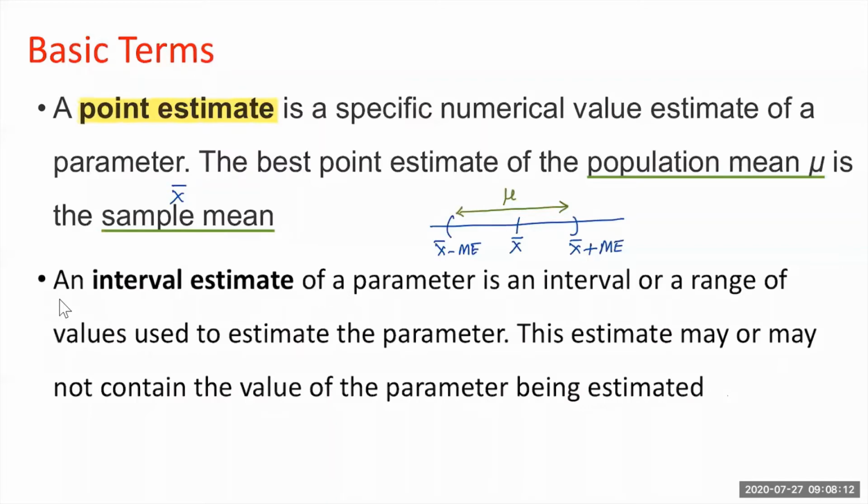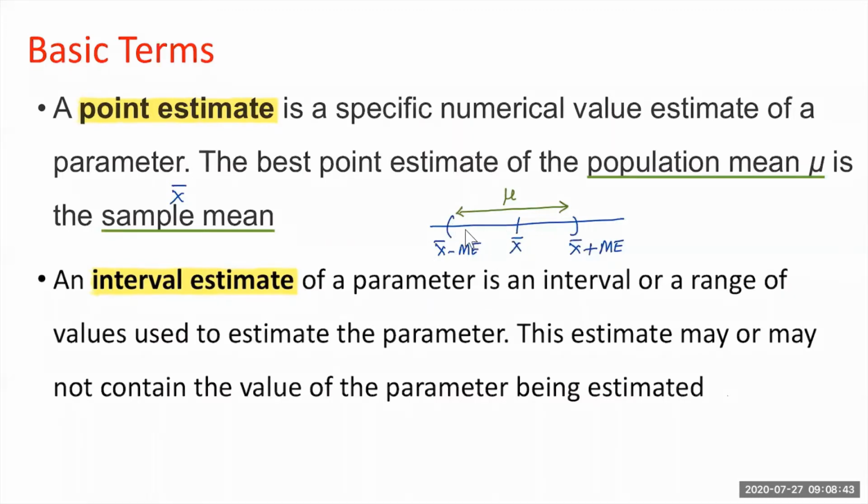The next key thing that we need to know here is the interval estimate. An interval estimate of a parameter is an interval or a range of values. So you can see here, when I was talking about the point estimate, we have the estimate in the middle, and we have the actual value that lies a little bit above that point estimate or a little bit below that point estimate.